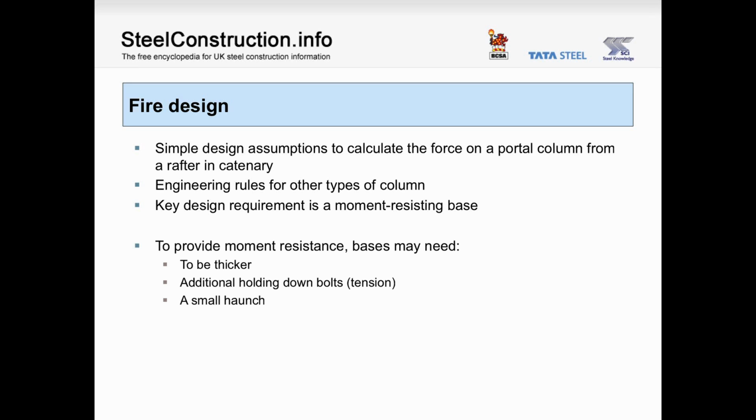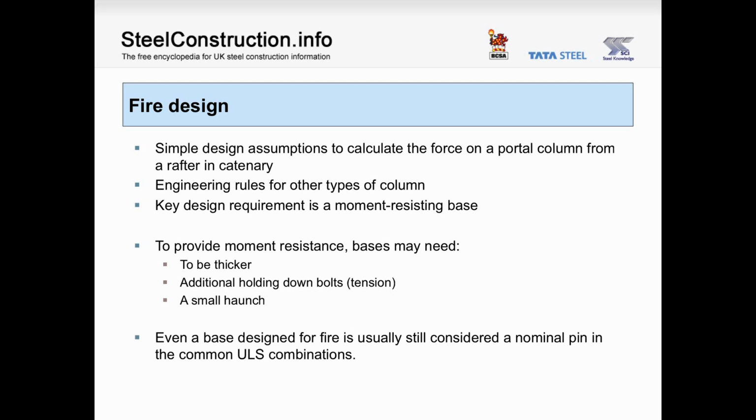If we provide a moment resisting base, it may be that the base plate is thicker, it may be that we need to provide additional holding down bolts, and in extreme cases we may need to provide a small haunch. Despite those modifications to the base, which are clearly making the base stiffer, common practice in the UK is still to presume that the base is nominally pinned when we carry out the ULS analysis.